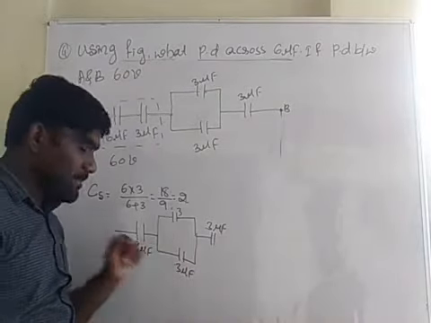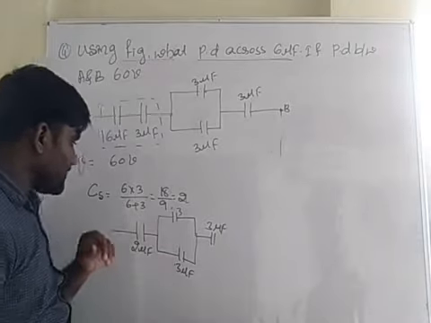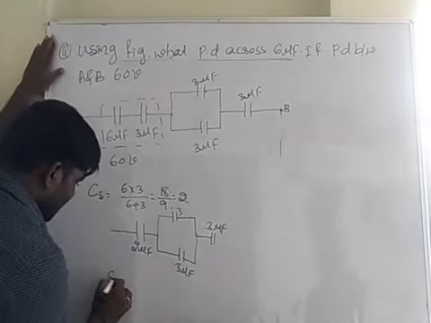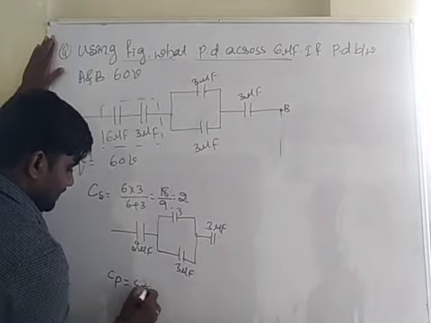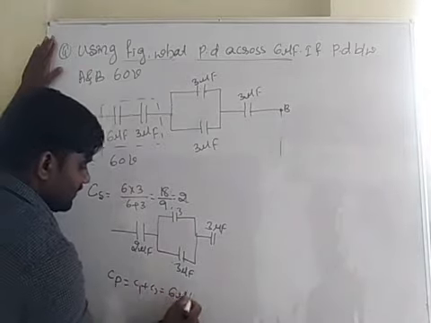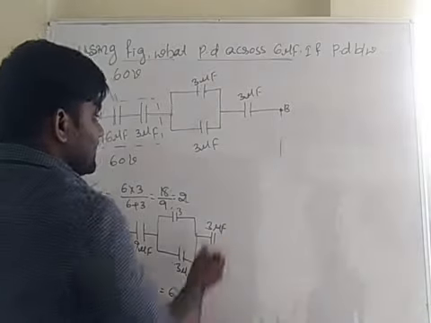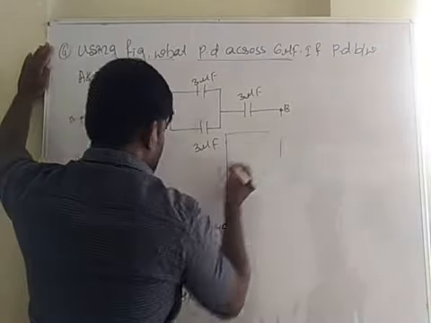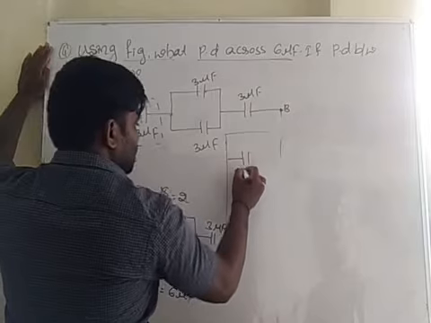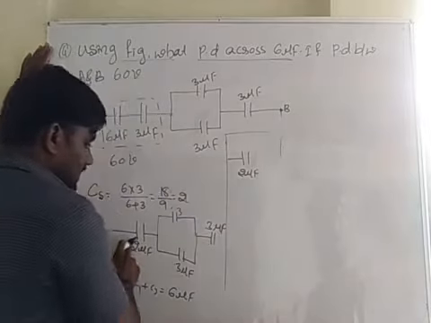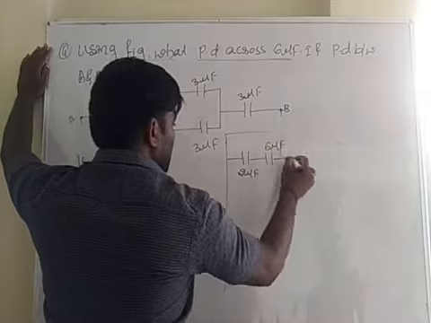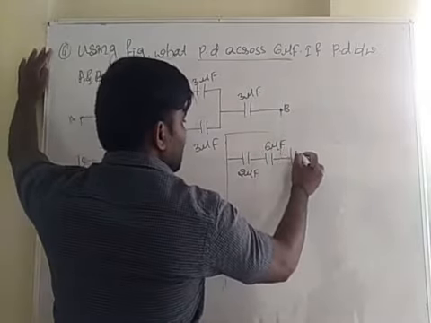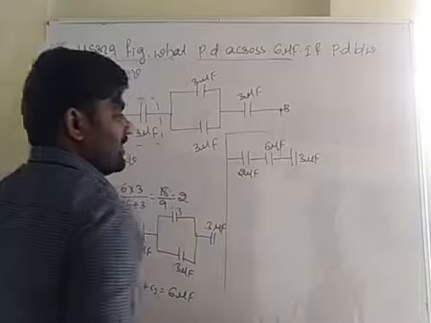So CP is equal to C1 plus C2, 3 plus 3, which is 6 microfarad. Again the diagram changes: 2 microfarad, 6 microfarad, and one more 3 microfarad.